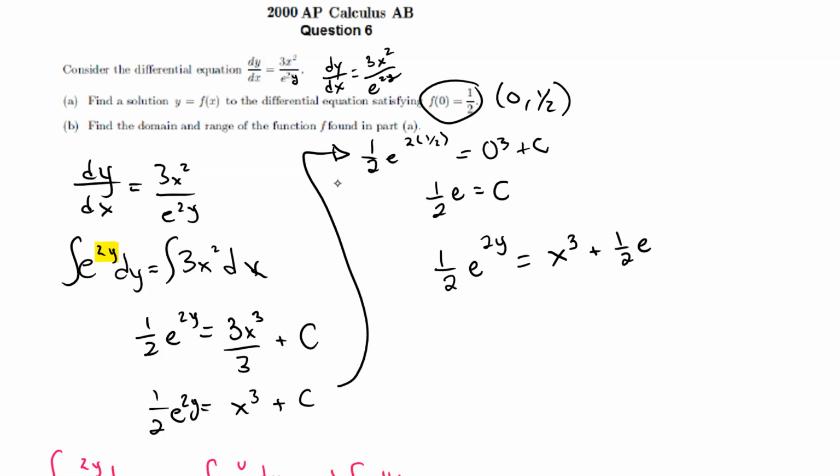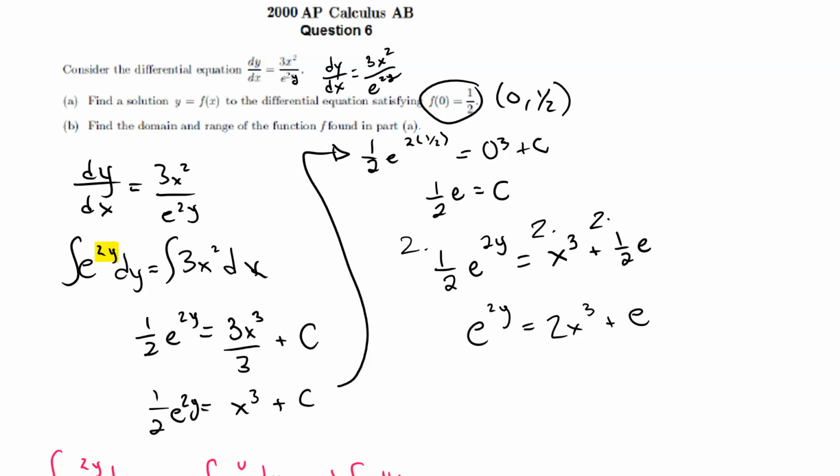All right. We're going to have some monkey business going on here because we have to solve for y. So we're going to multiply through by 2. I've got e to the 2y equals 2x cubed plus e.